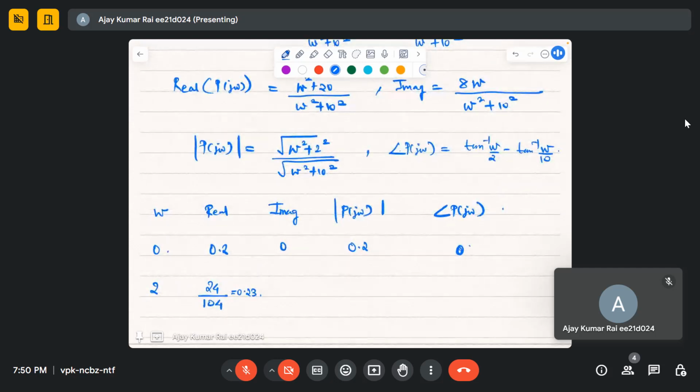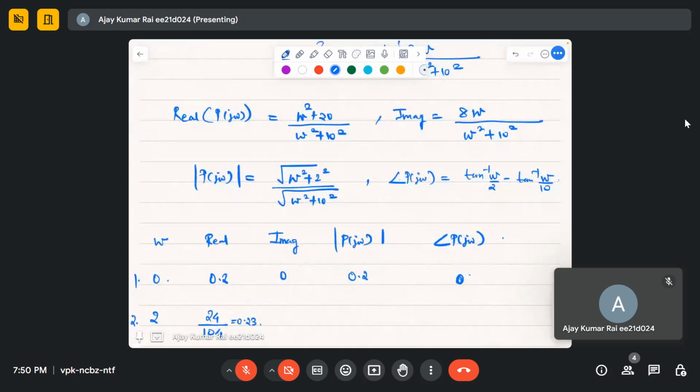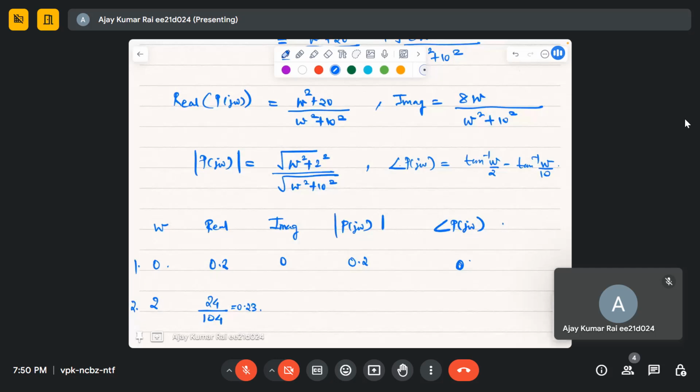Imaginary part. One second. So for omega equal to 2, what is the real part you're getting? 8 by 104, root of 8 by 104. Okay, you're saying the magnitude.